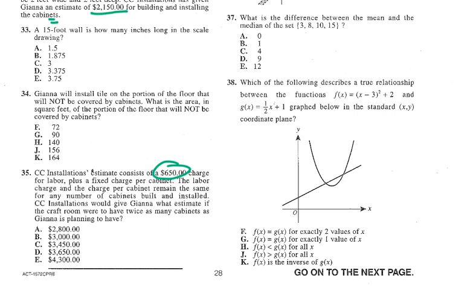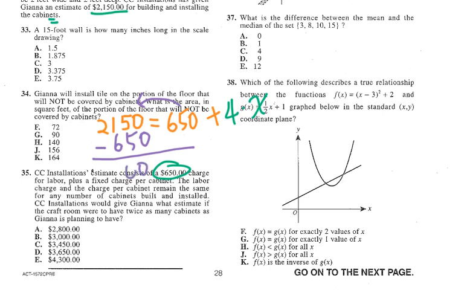Therefore, I can set up the equation like $2,150 equals $650 plus, because they install 4 cabinets, 4 times x. That x means a fixed charge per cabinet. And I subtract 650, and you will get 1,500. That equals 4x. Divided by 4, x will be 375.